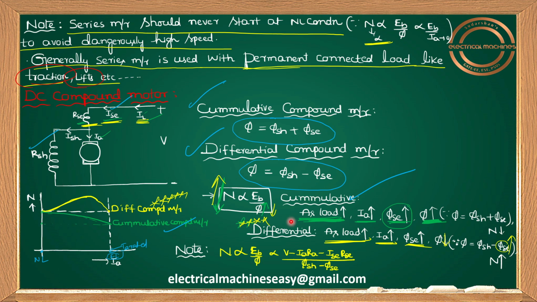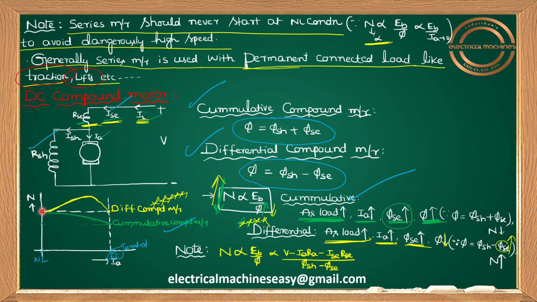Now the question is, as load increases, I am saying that speed is increasing here. See, speed is increasing like this. Now your doubt is, it is increasing, but after reaching one particular value, in large load conditions, in the large IA region, why is this increased N value reducing and coming back to the same speed as the no load speed?